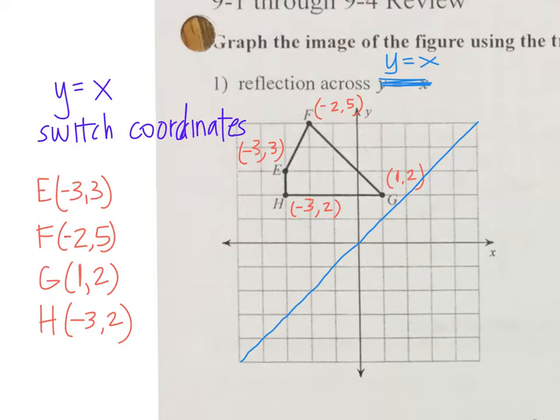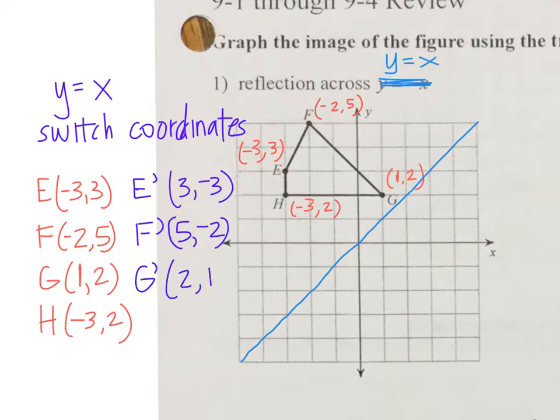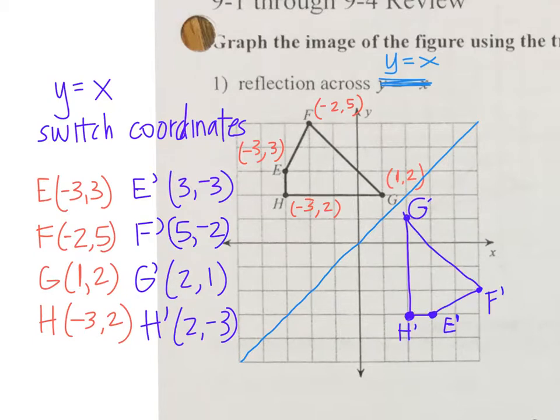That would mean if we're doing y equals x, our new E, we just switch them: 3, -3. Our new F is 5, -2. Our new G is 2, 1. I just switched places. Our new H is 2, -3. And then you graph them. This would be what it would look like if we reflected across y equals x.